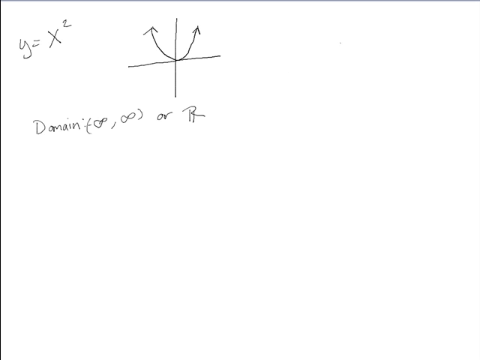So let's look at one that wouldn't have a domain that's all real numbers. If we had something like this, let's see, if we just had a circle. Now there's an equation that will give us that as our graph, a circle, okay?